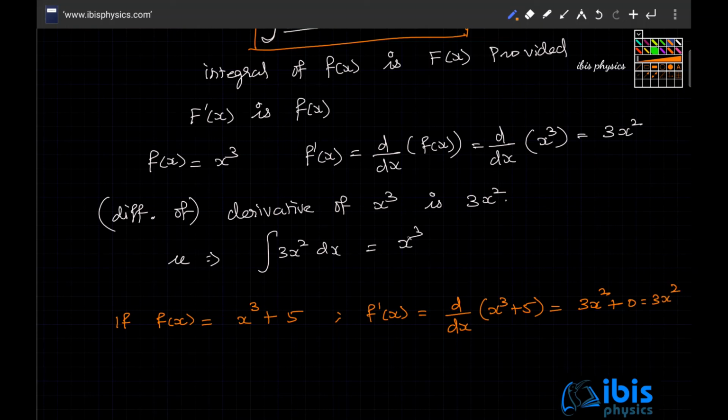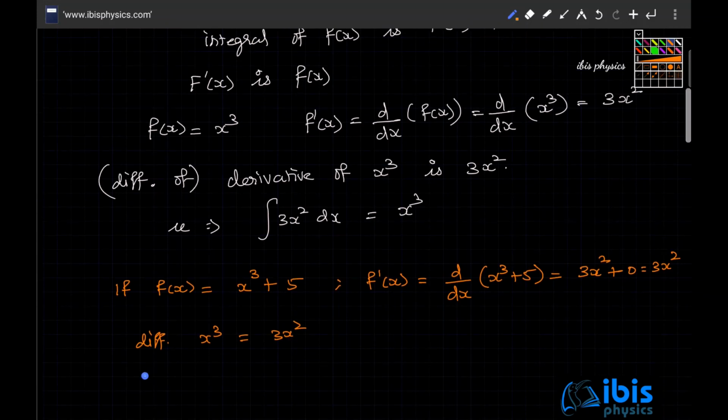That means the derivative of x cube is 3x square, and the differentiation of x cube plus any constant, 5, 6 or anything, is also 3x square. But these two are not in agreement with each other.